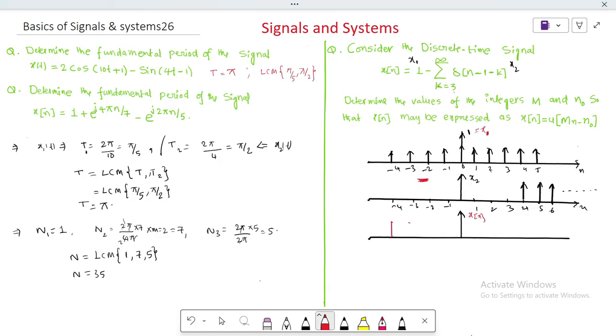So minus 3, minus 2, minus 1. But there is no signal at 4, that is 0, is it? 1, 2, 3, 4, 5, 6, minus 1, minus 2, minus 3 and minus 4, is it?